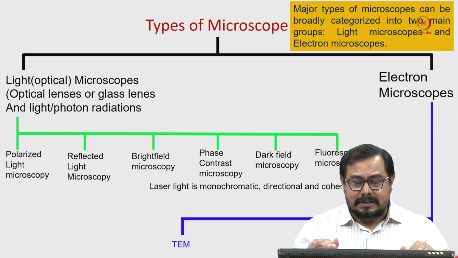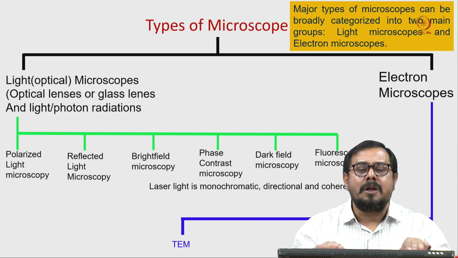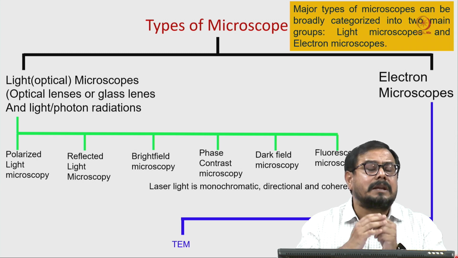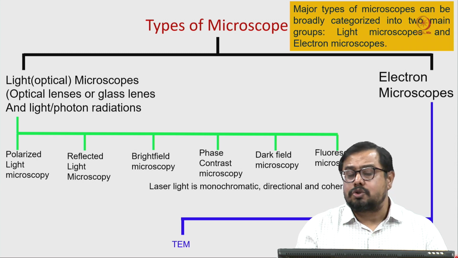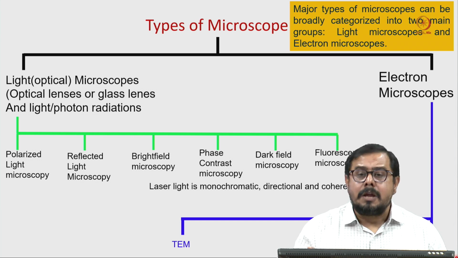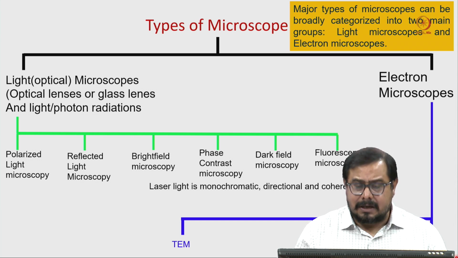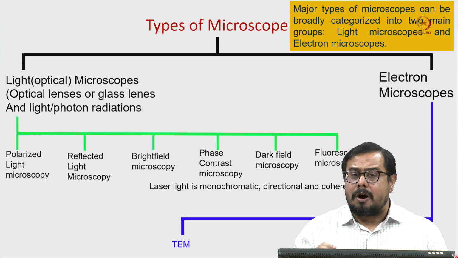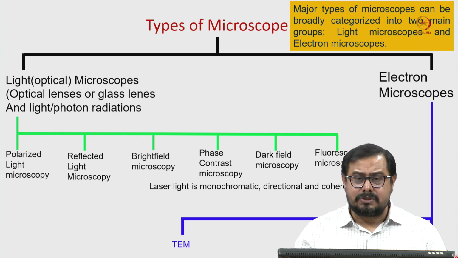For material science samples, most of the time they are not beam sensitive, so we can use any amount of electron beam. But for biological samples or any soft material, a very strong electron beam will damage the sample. So those are beam sensitive.